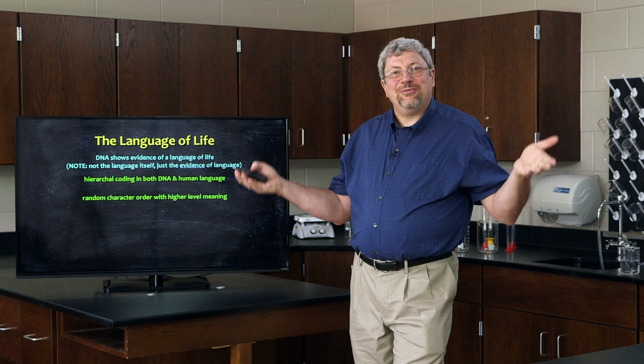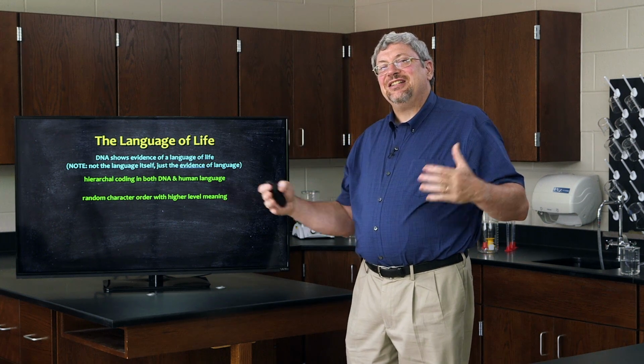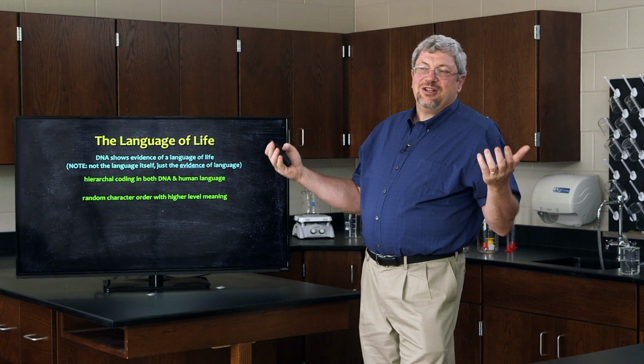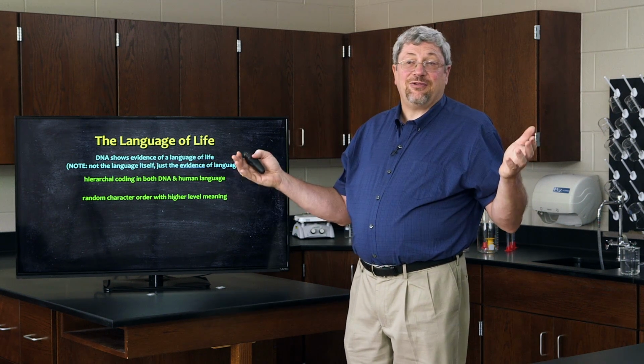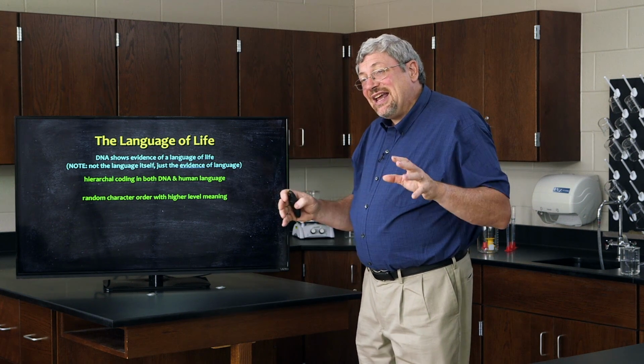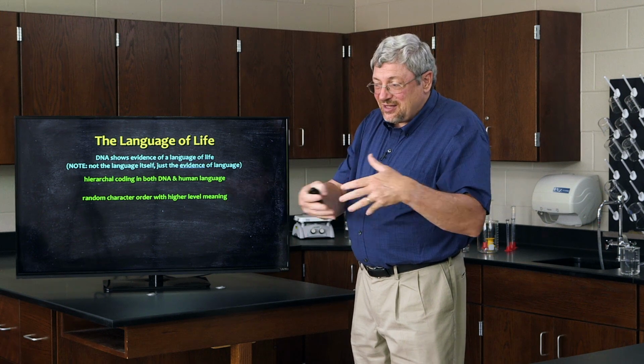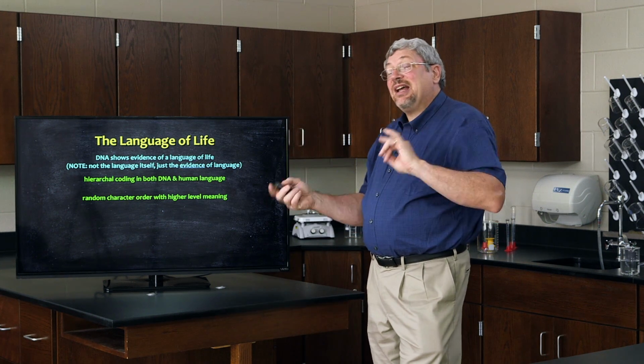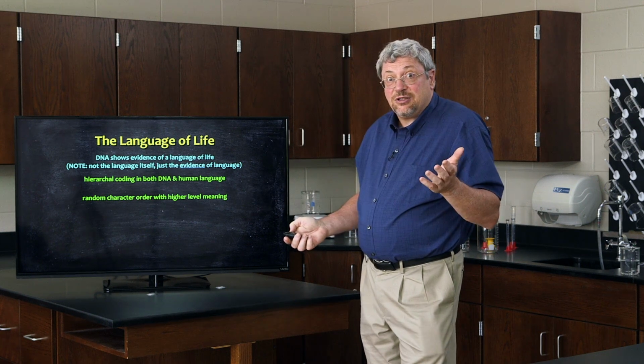Yet we know good and well that DNA contains information, information on the sequence of amino acids necessary to build a protein, the recipe for a protein. Thus, DNA is not random at one scale, but at a lower scale, it is random. That's the same characteristic of language.